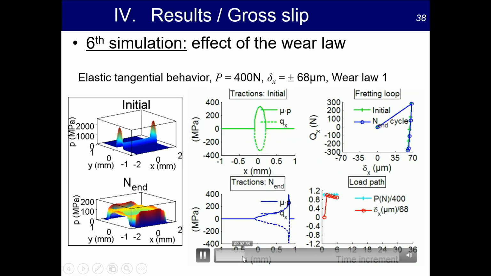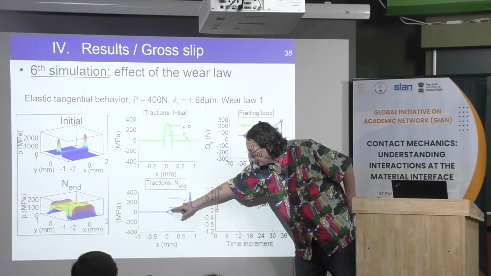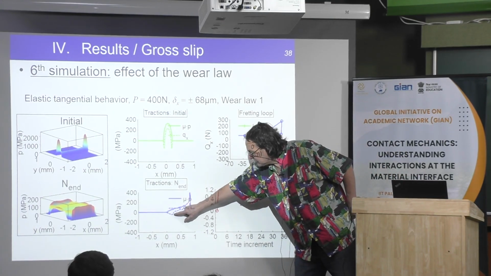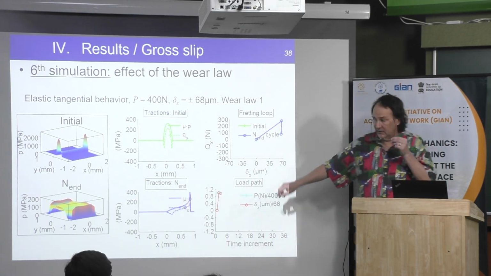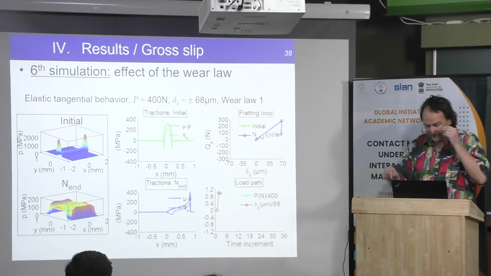Okay, here is a full slip, and you can see here a difference between the pressure and here the shear. Then in this situation you have stick slip, and in this part it is sticking.